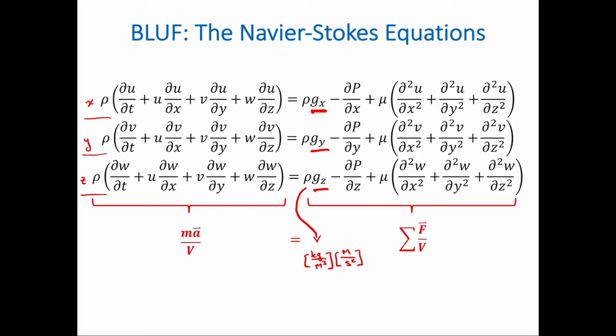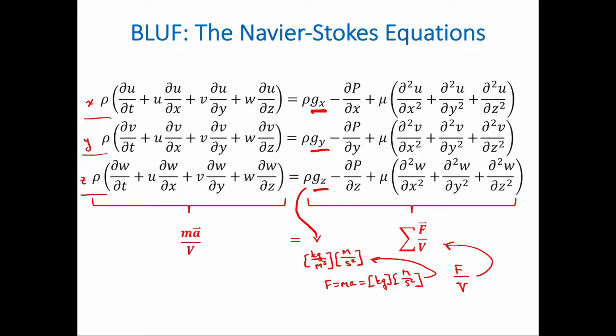So we end up with a force, which is equal to ma, kilograms meter per second squared. As a result, we see that this is the equivalent of force divided by volume, which is exactly what we have here. Okay, so the Navier-Stokes equations managed to flip it a little bit.